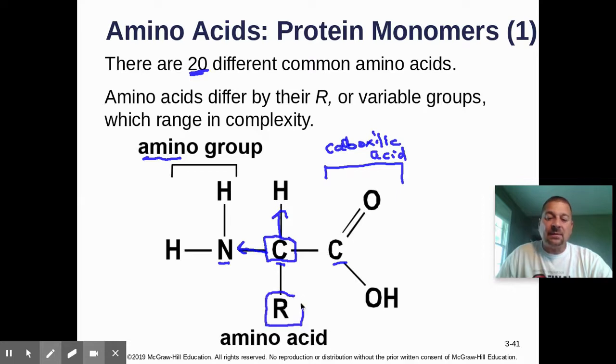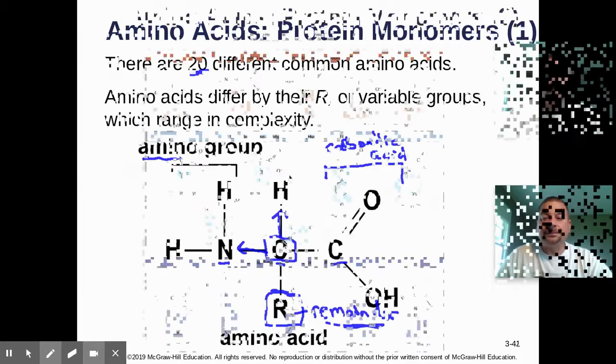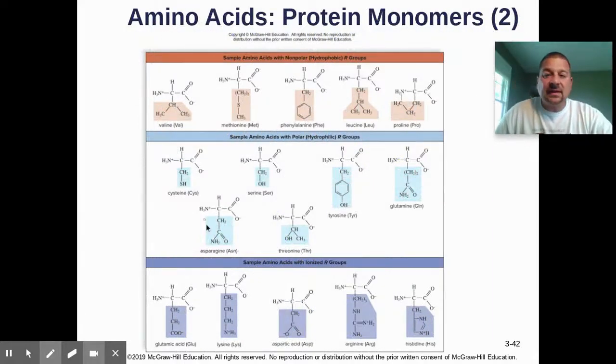Off the bottom of that carbon is an R group. I like to think of it as the remainder of the molecule. This can vary from a hydrogen to very complex ring structures. Here are some of the common amino acids that we find in living tissues. Notice that they've highlighted the R groups, like right here.